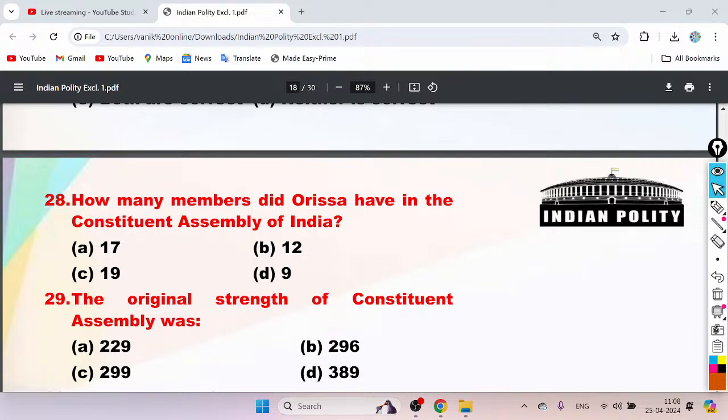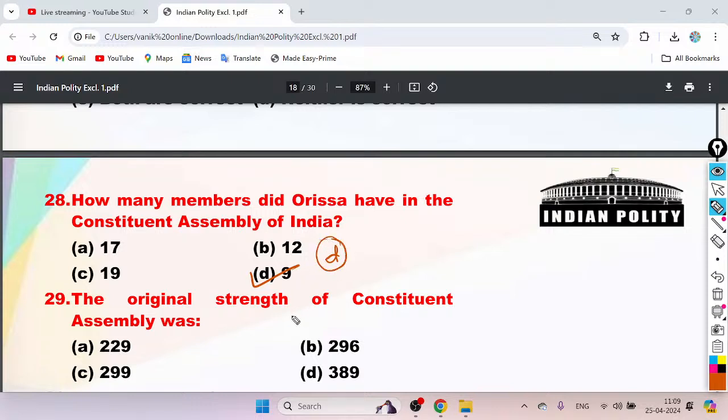There were 9 members. Odisha had substantial representation, 9 members, including Vishwanath Das. And one of the members was a woman, Malati Devi Chaudhary. So it will be D.